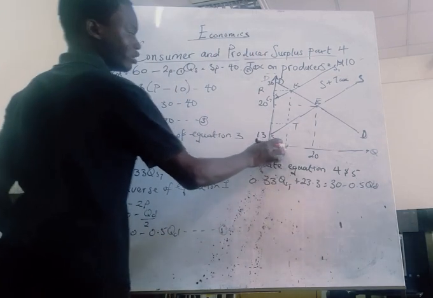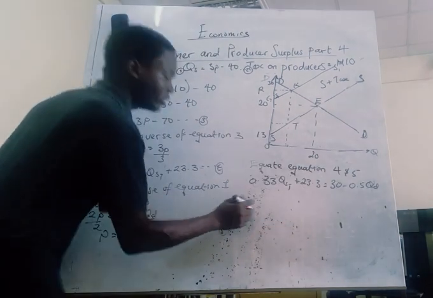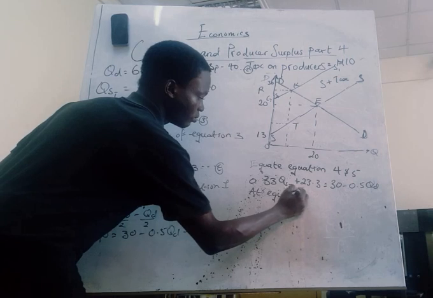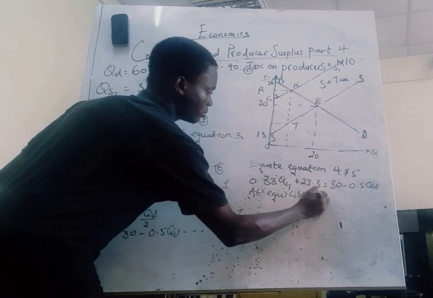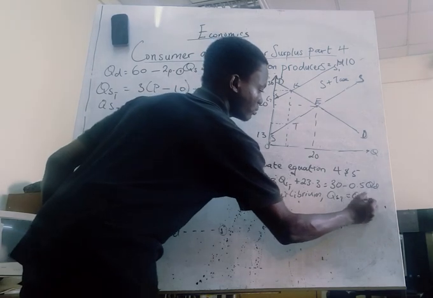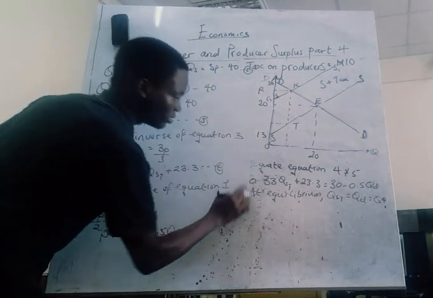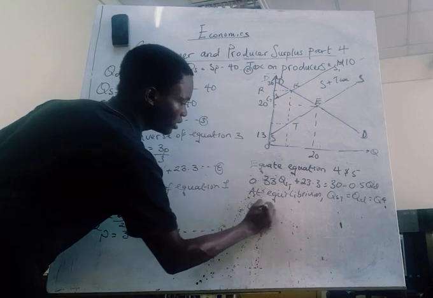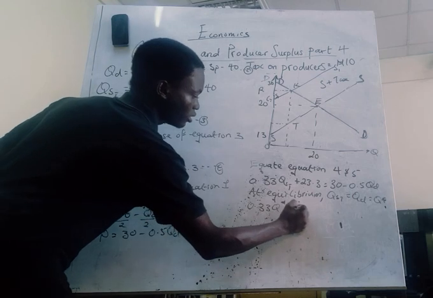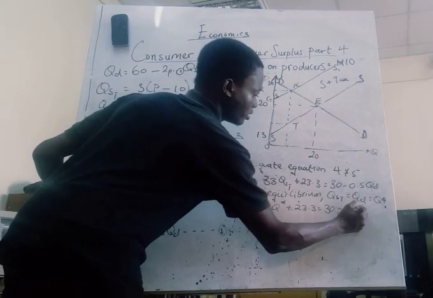Because we are going to be having a new equilibrium now, QST and QD would be the same. So at equilibrium, QST equals QD equals Q star. So we then have 0.33 Q star plus 23.3 equals 30 minus 0.5 Q star.